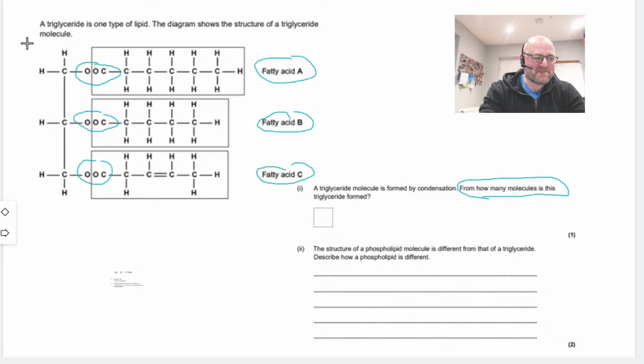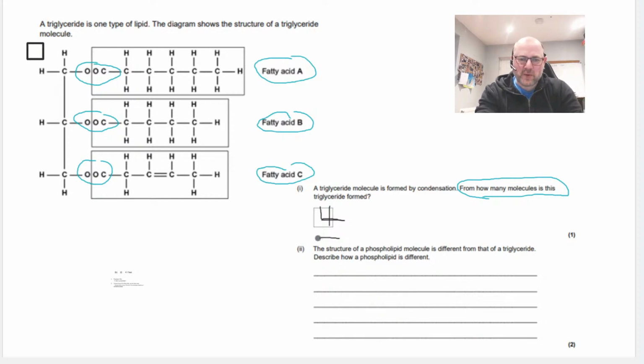Any idea? So we've got one here, that's the glycerol. And these 3 are the fatty acid side chains. So the total amount of molecules is 4.